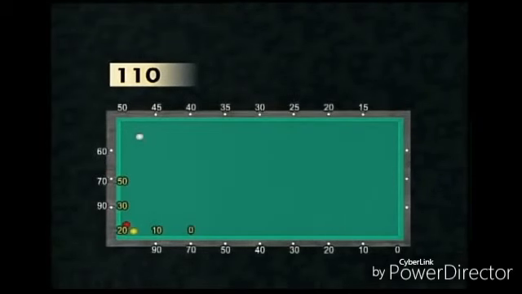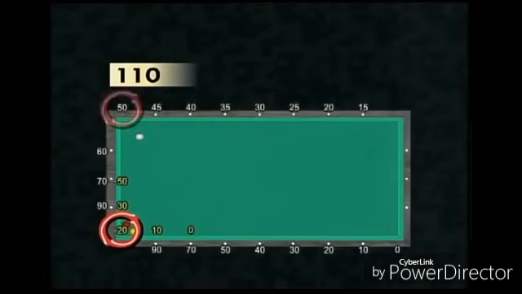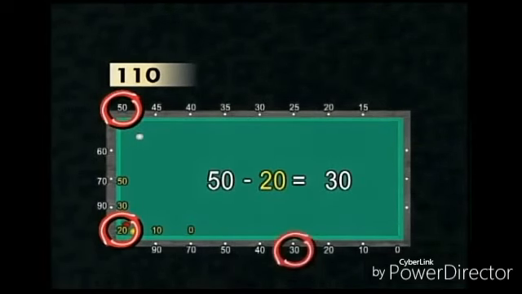With an arrival at 20 and a departure at 50, the player needs to aim for the 30 in the direction of the third diamond.